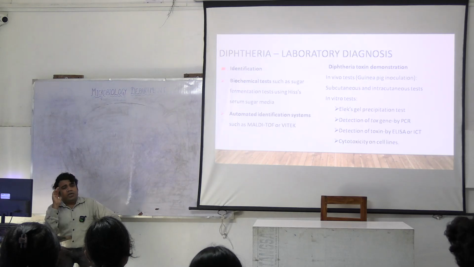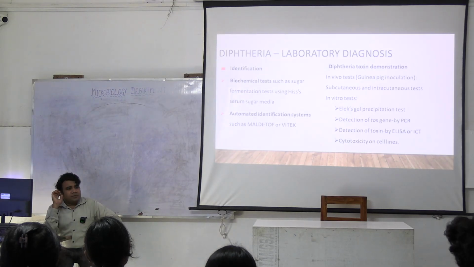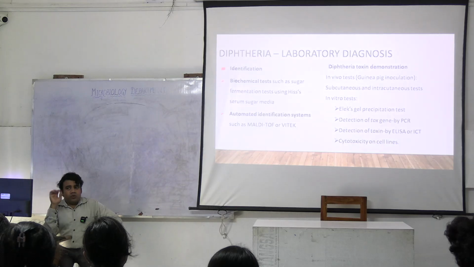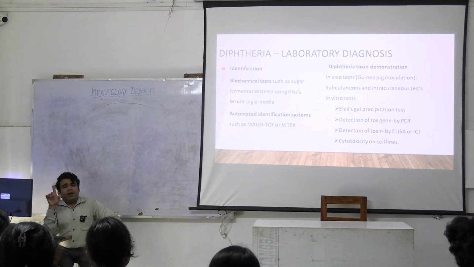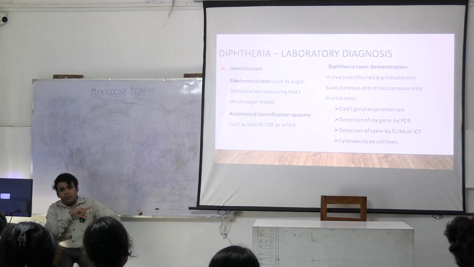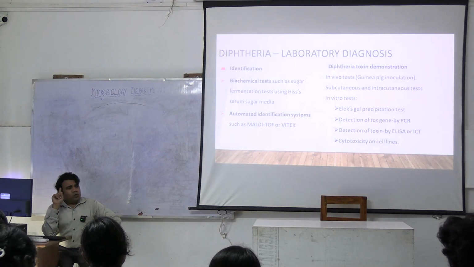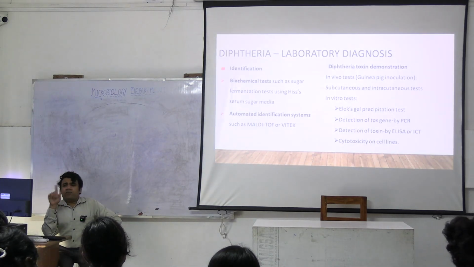For that, we need to give protein synthesis inhibitors, because the toxin is also a protein produced by the bacteria. So, we need to give antibiotics acting on the cell wall because it's a gram-positive bacteria, and antibiotics inhibiting protein synthesis, and we have to give diphtheria antitoxin. This is the mainstay of treatment.